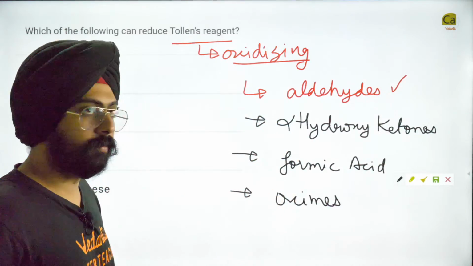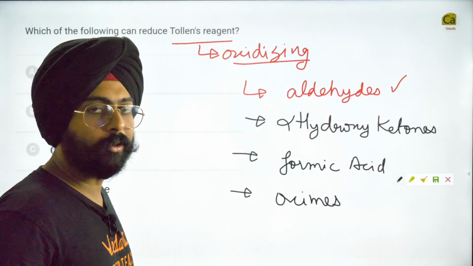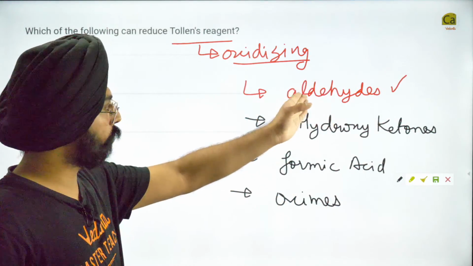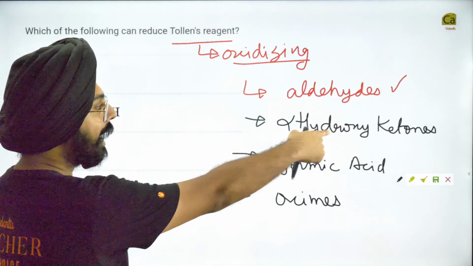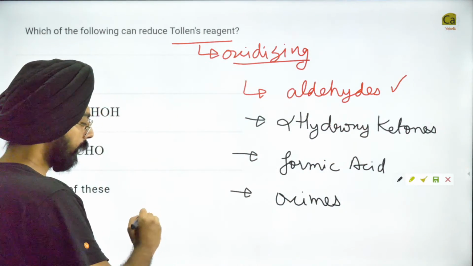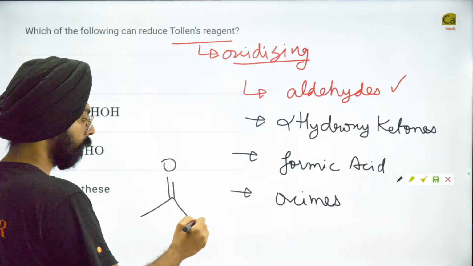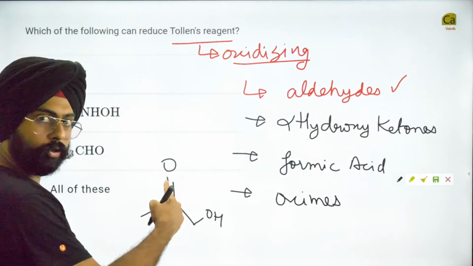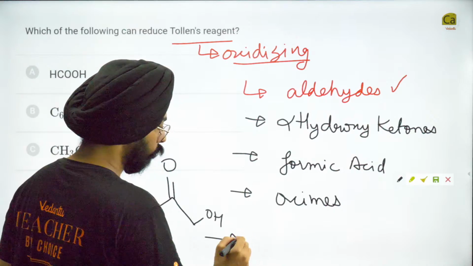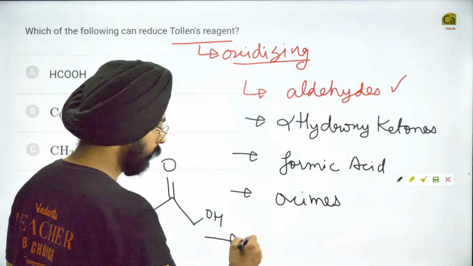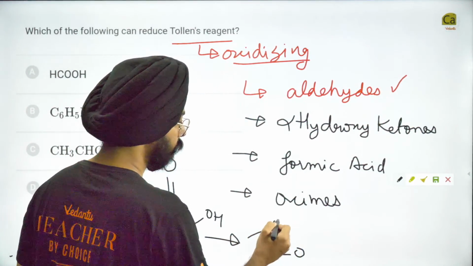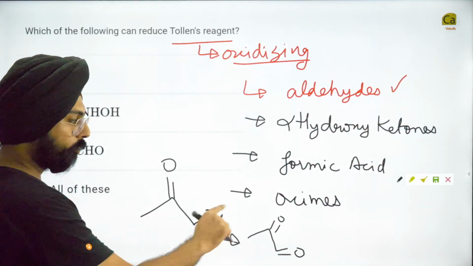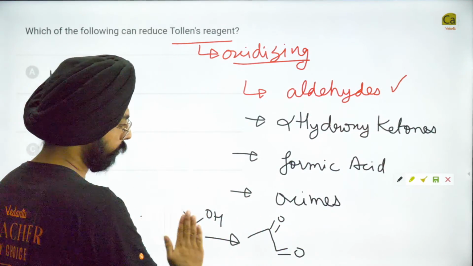These are not usually discussed. Aldehydes, everyone knows. Aldehydes are converted to acids. Alpha hydroxyketones, what do they look like? I'll show you. This is your alpha hydroxyketone. If you put this in your Tollens reagent, it will give you a structure like this. So alpha hydroxyketones are oxidized by Tollens reagent.